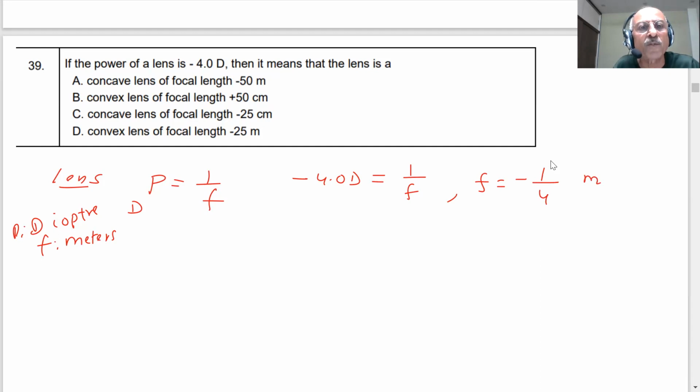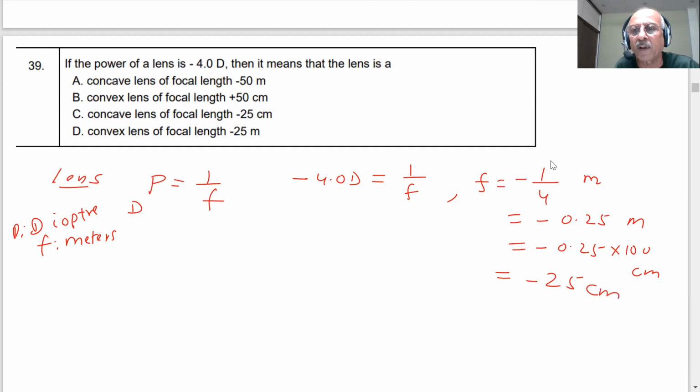Minus 1 by 4 will be how much? 0.25 meter, so it becomes minus 0.25 into 100 centimeter. So the focal length is minus 25 centimeter. It means the focal length of the lens is negative, student.